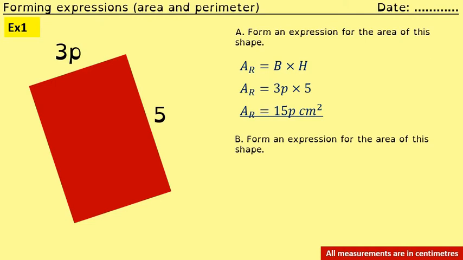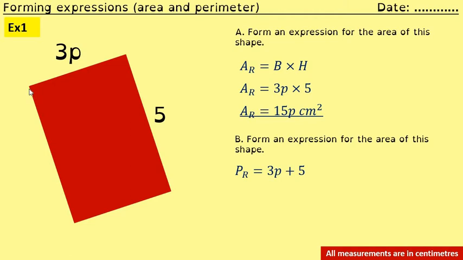For the perimeter of the rectangle, so that's what my little subscript here means, the perimeter of this rectangle is going to be the side lengths added up, right? So I've added 3p and 5. Now, that's not correct on its own, is it? Because we need to add all of the sides.